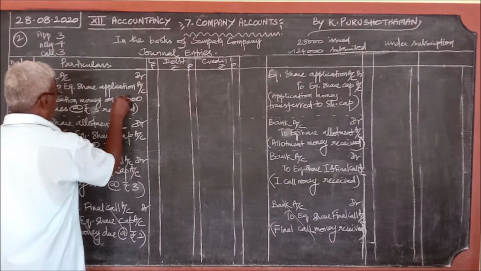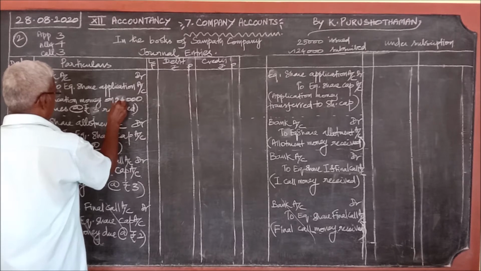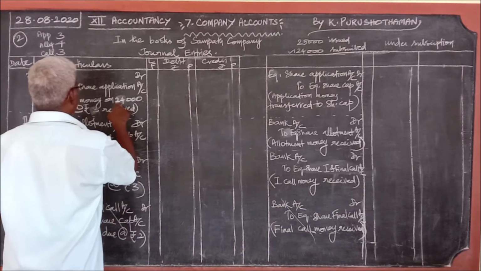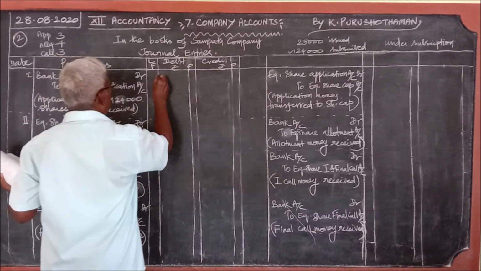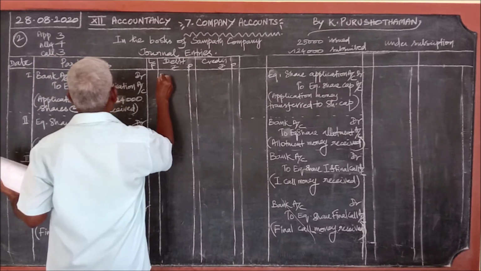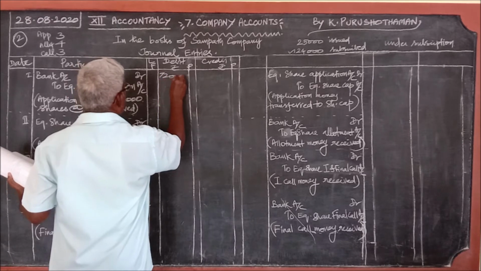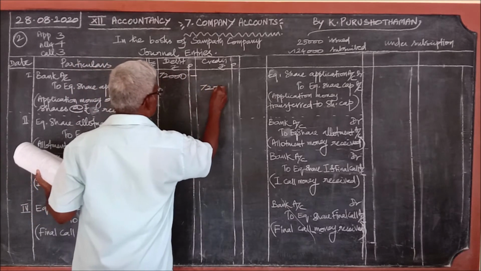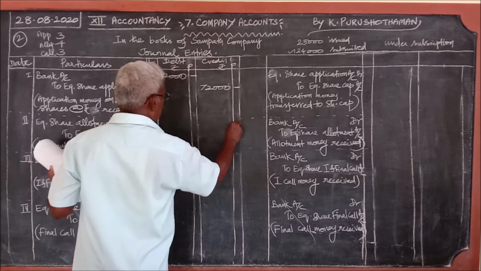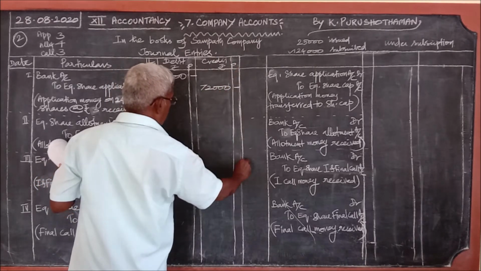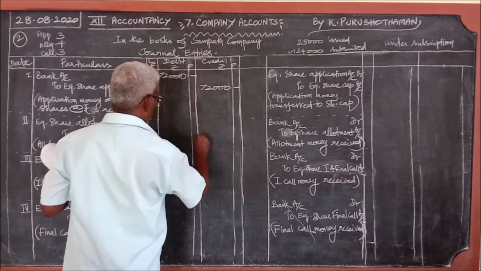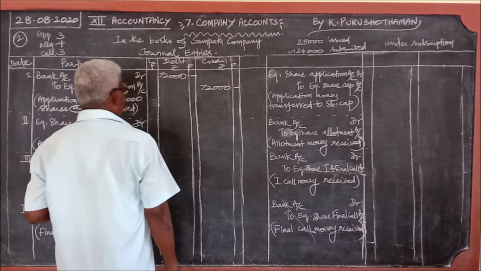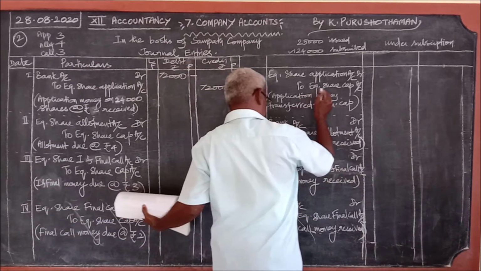Therefore, on 24,000 shares, 3 into 24,000, 72,000. You should write here 72,000. The same 72,000 this side also.